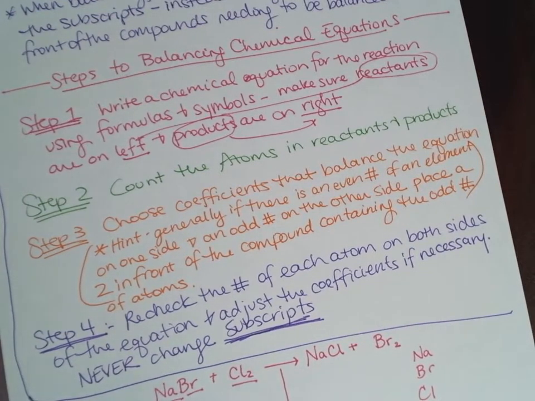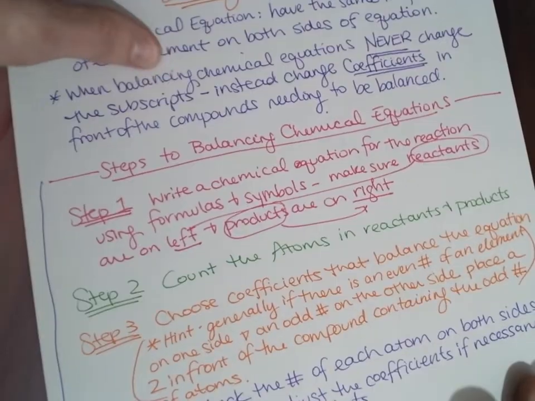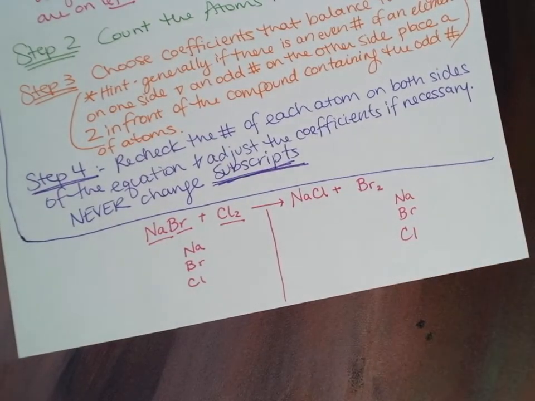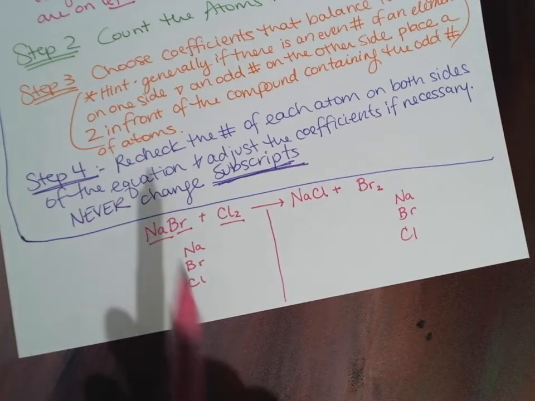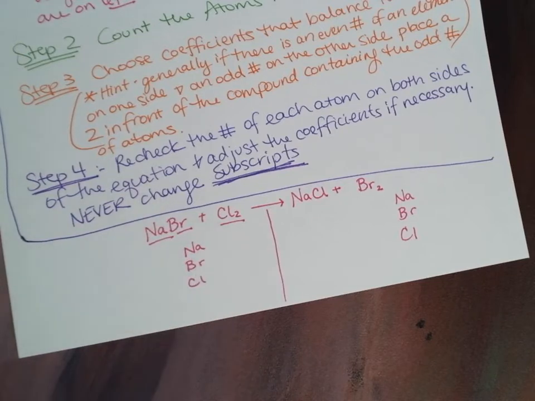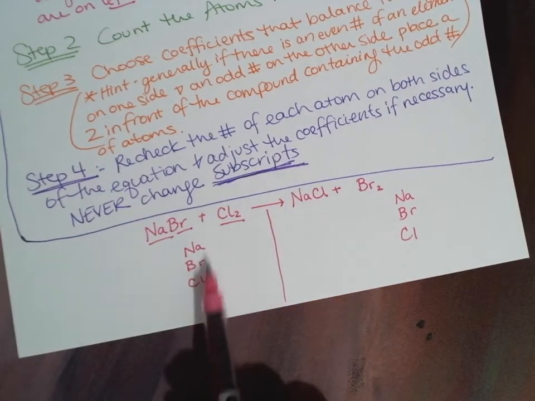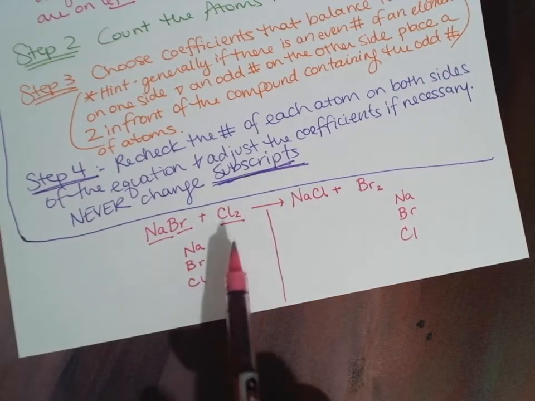How many atoms of sodium do I have here? Oh, that would help if I showed you. Let me move this up because you couldn't see it. Okay, so there's your stuff. Write this out: NaBr and Cl, and then NaCl and Br. So I'm going to write each one so I can make a list of what we have.